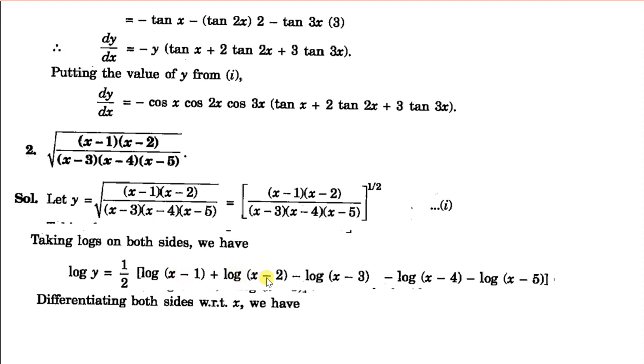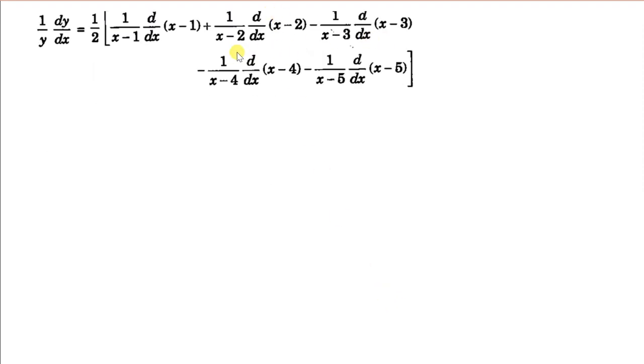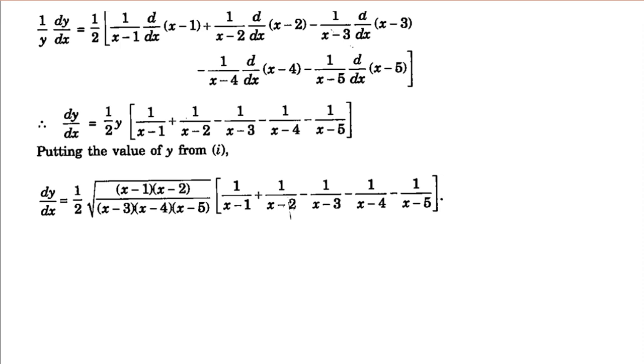Similarly here also, the differentiation of log (x minus 2) is 1 upon (x minus 2), because differentiation of log x is 1 by x, and then multiply with the differentiation of x minus 2. Similarly in the other terms. So we get differentiation of x minus 1 is 1.